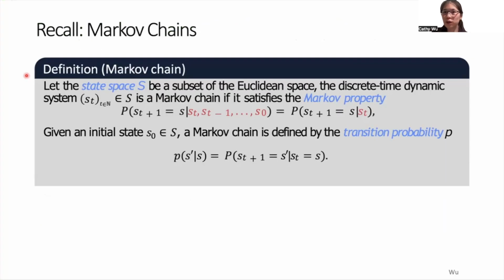So let me first remind you of one of the later topics that we touched on in Unit 2, which is Markov chains. And Markov decision processes, MDPs, are highly related. If you recall, in the Markov chain, we have a state space, S, and the system is called Markov if it has this Markov property, which is that the next state, given the history, is equal to the next state given the current state.